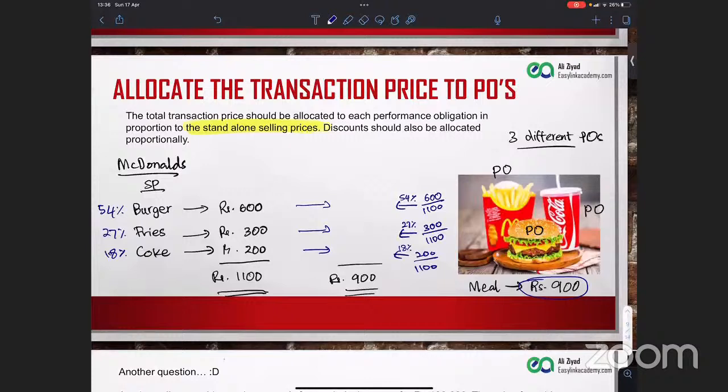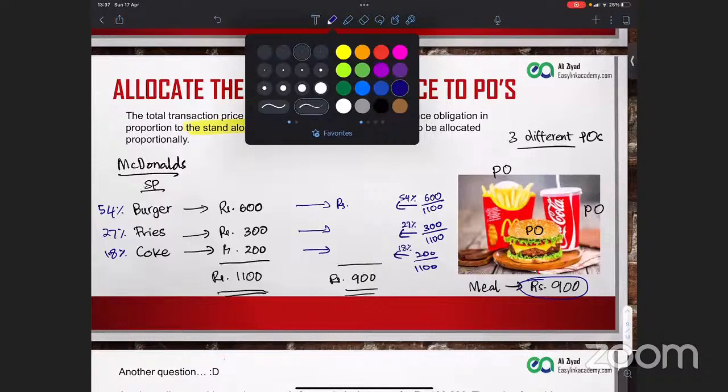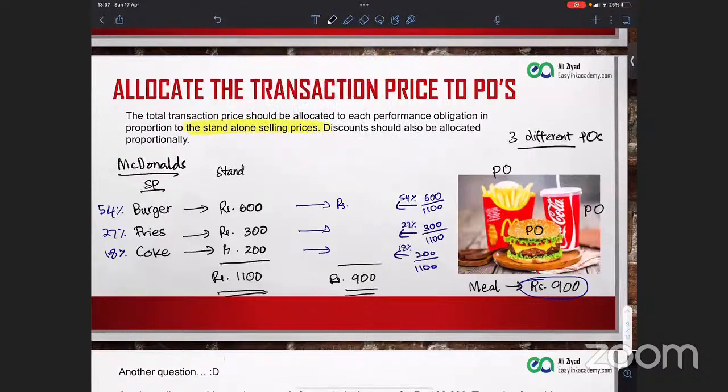18%. Now, guys, it's time for us to prorate this 900. How much is 54% of 900? 486. Thank you. How much is 27% of 900? 243.